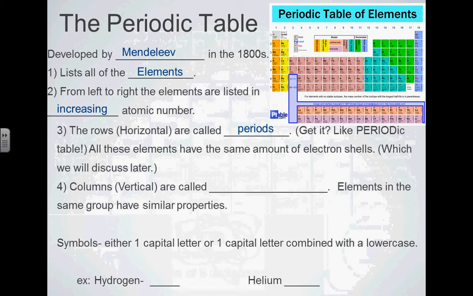The vertical columns of the periodic table are called groups or families. Just as when Mendeleev organized the table, elements in the same group have similar characteristics, similar properties, and they interact with other elements in similar ways.